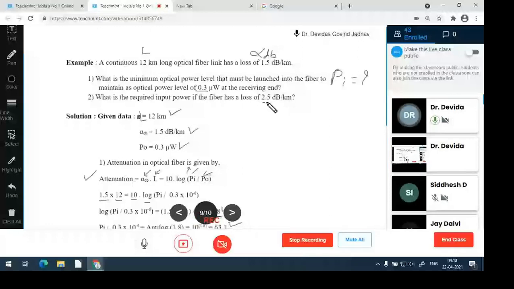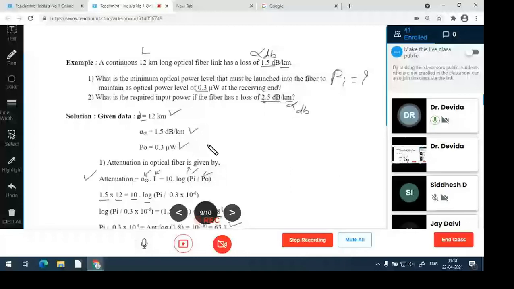if the loss is 2.5 dB per kilometer. So it was 1.5 dB per kilometer. Now the loss is 2.5 dB per kilometer. Alpha dB changed from 1.5 dB to 2.5 dB per kilometer. What is the input power required?